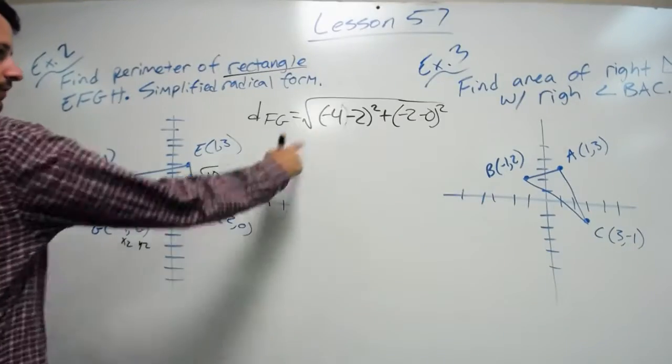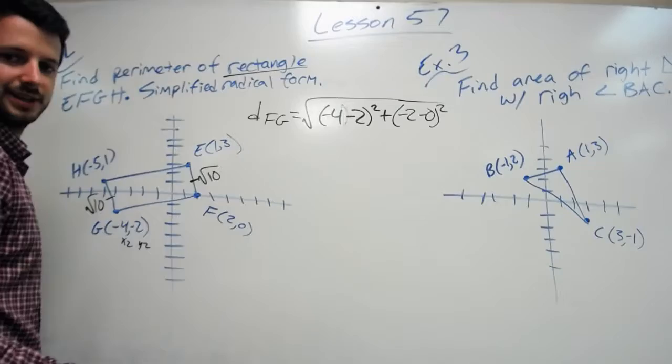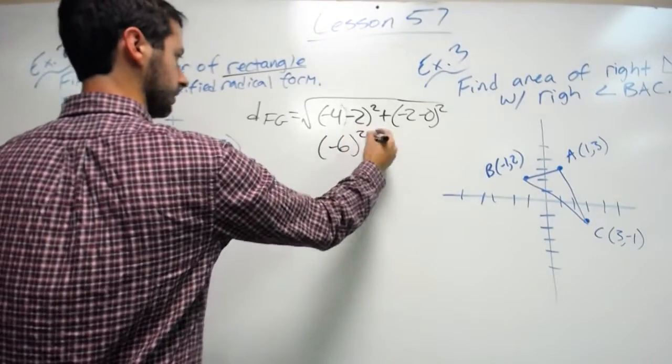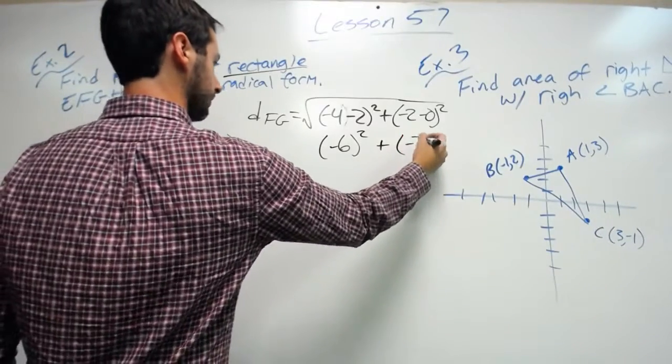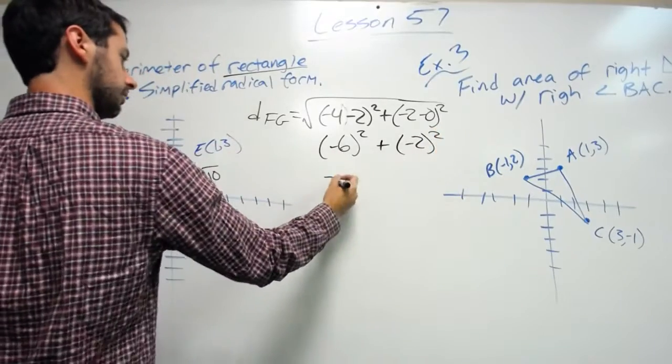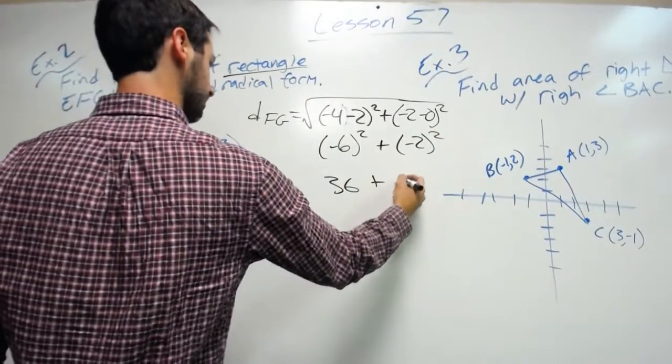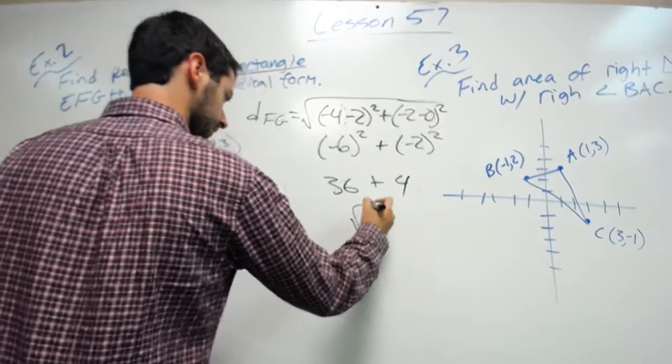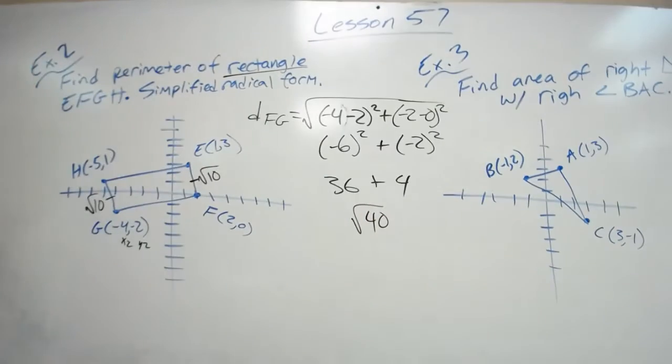And now we solve. Negative 4 minus 2 is negative 6. Negative 2 minus 0 is negative 2 squared. So we get 36 plus 4, and we get square root of 40 for FG.